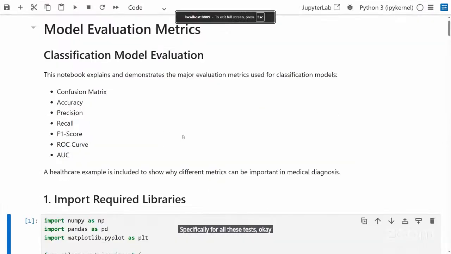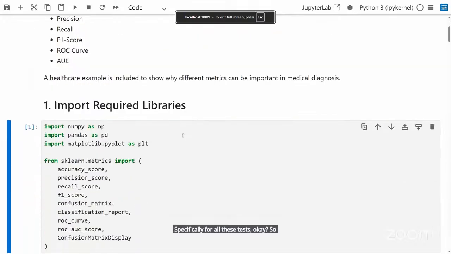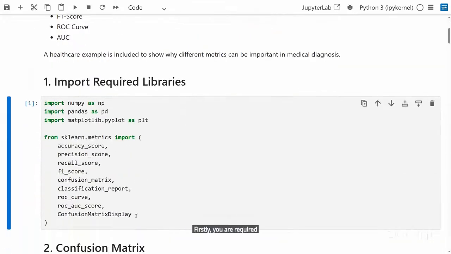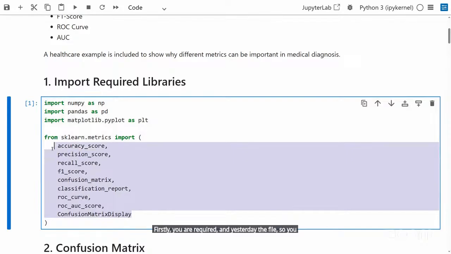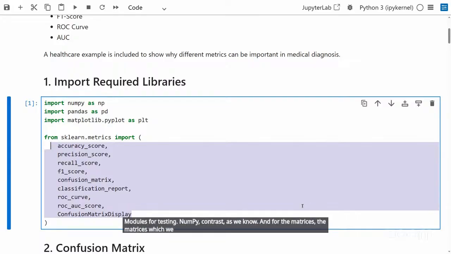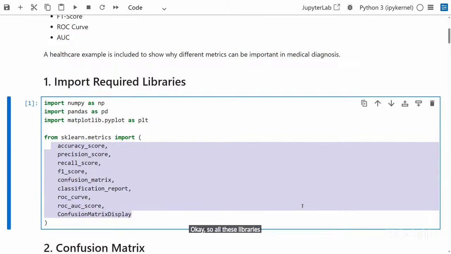First, you are required to import the modules for testing: NumPy, Pandas, Matplotlib, Python, as we know. And for the metrics which we require, you can see here. All these libraries are essential.